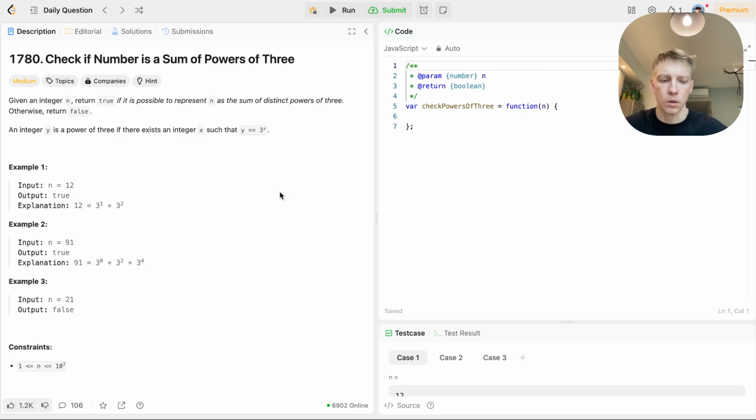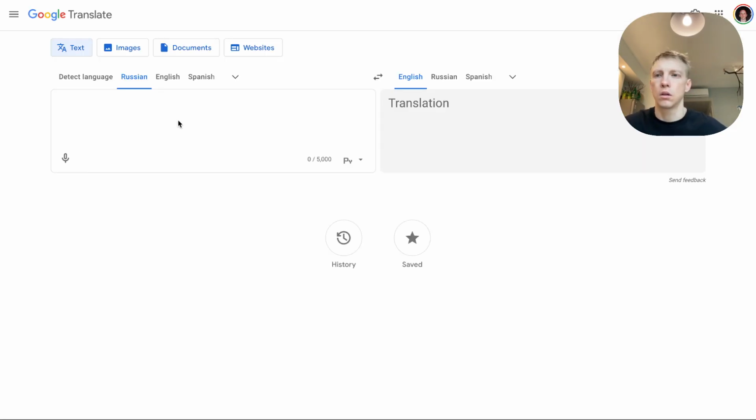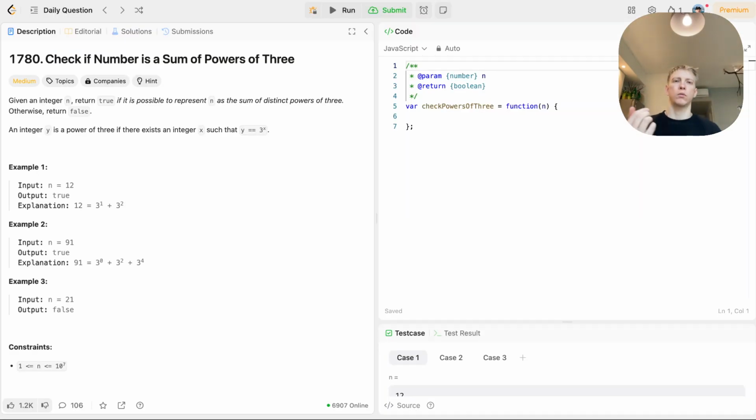This is a task where we should find the biggest number that would be a power of 3, subtract this number from the sum n, and after that we should do it until the sum is 0.